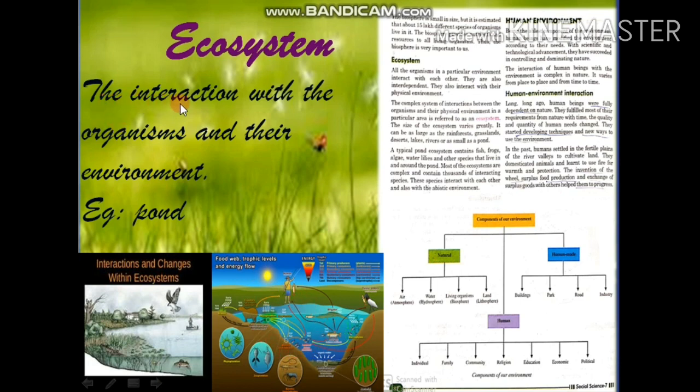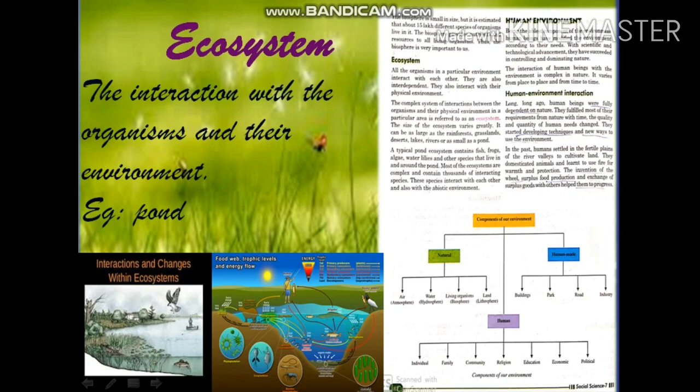The complex system of interactions between the organisms and their physical environment in a particular area is referred to as an ecosystem. Examples are rainforest, grassland, desert, pond, etc.